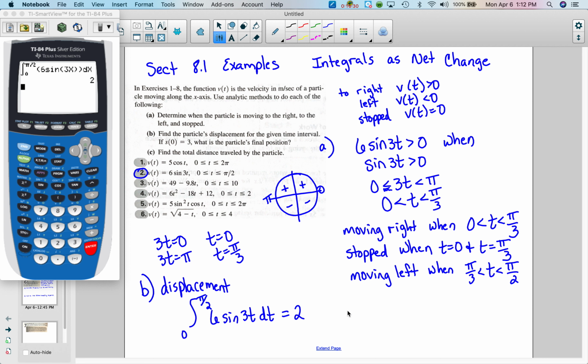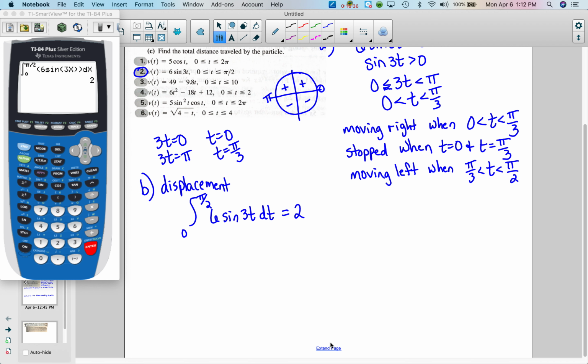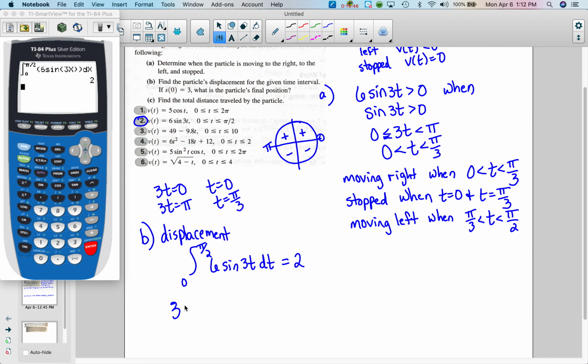So that would be the displacement. But then they also say if s of 0 is 3, so if the initial position was 3, then what is the final position? So he starts at 3 plus the displacement to get the final position.